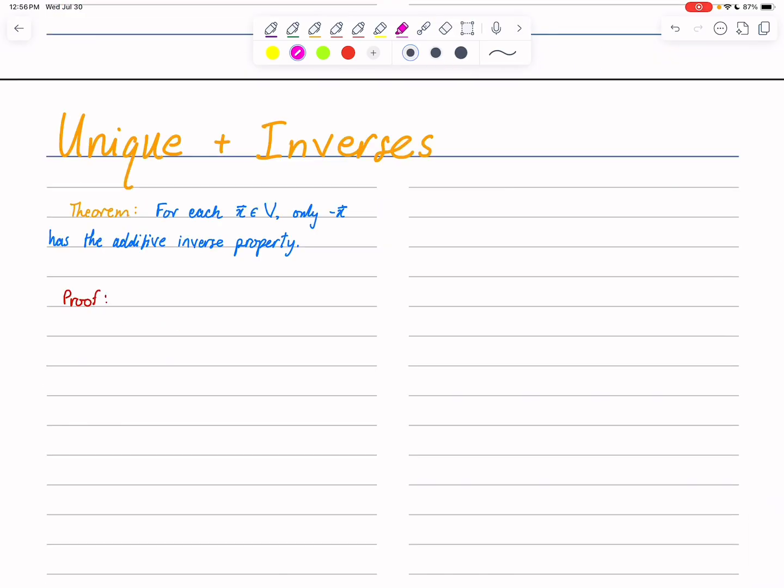Okay, in the next theorem, we're going to do a very similar proof, but this time for the uniqueness of inverses.